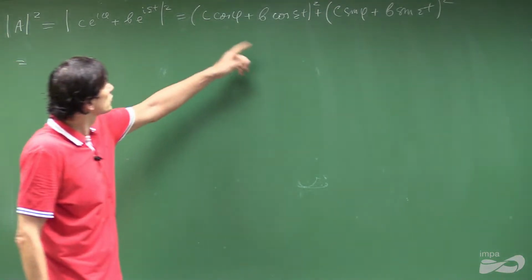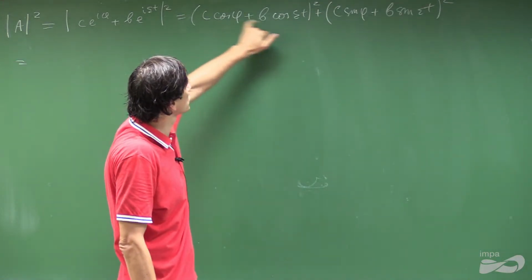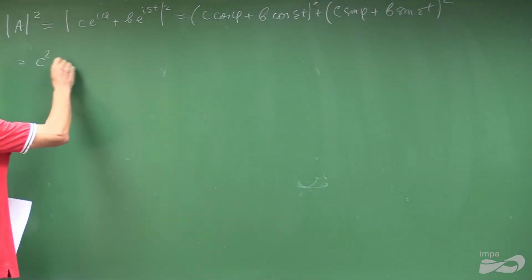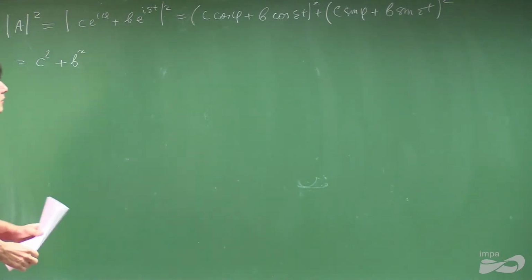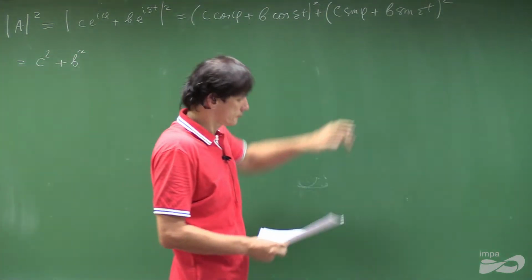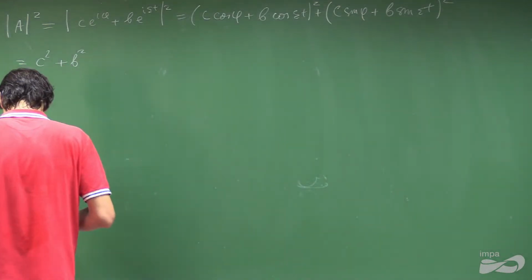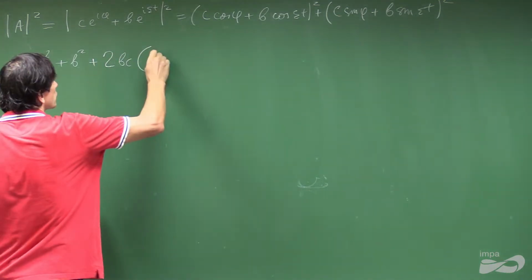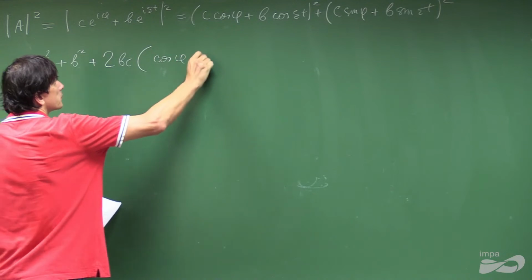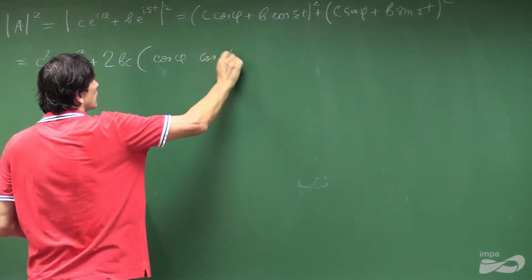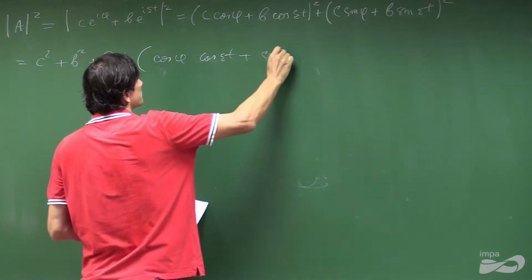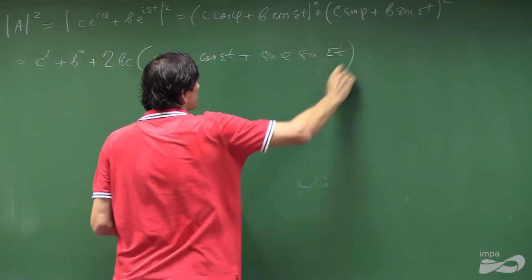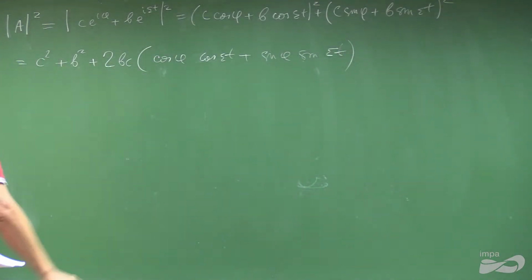So when you open the square, it will be C squared cosine squared plus C squared sine squared, so just C squared. The same with B squared. And then there will be cross terms, which are 2BC. From the first, it will be a product of cosines, from the second, products of sines, and this is the cosine of the difference.